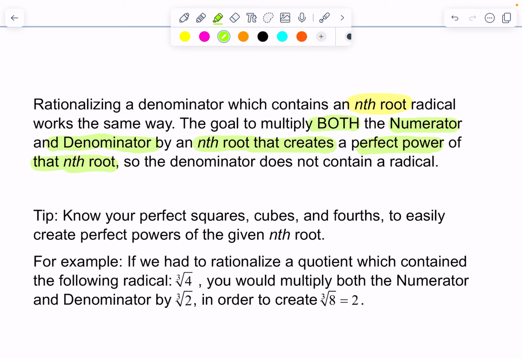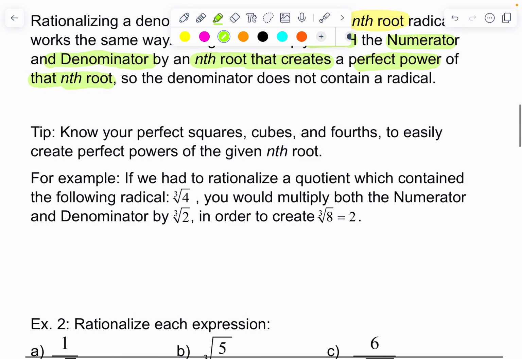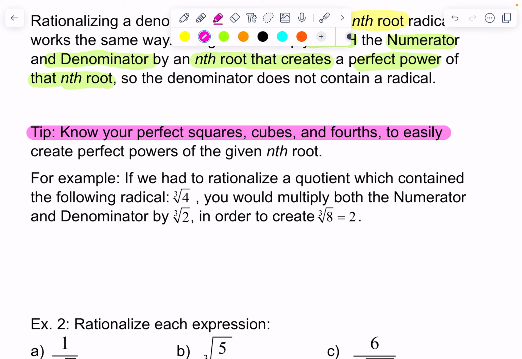I know that may be a little bit weird to you now, but I promise it's going to make sense in a few seconds. Tip: know your perfect squares, your perfect cubes, your perfect fourths to easily create perfect powers of given nth roots.